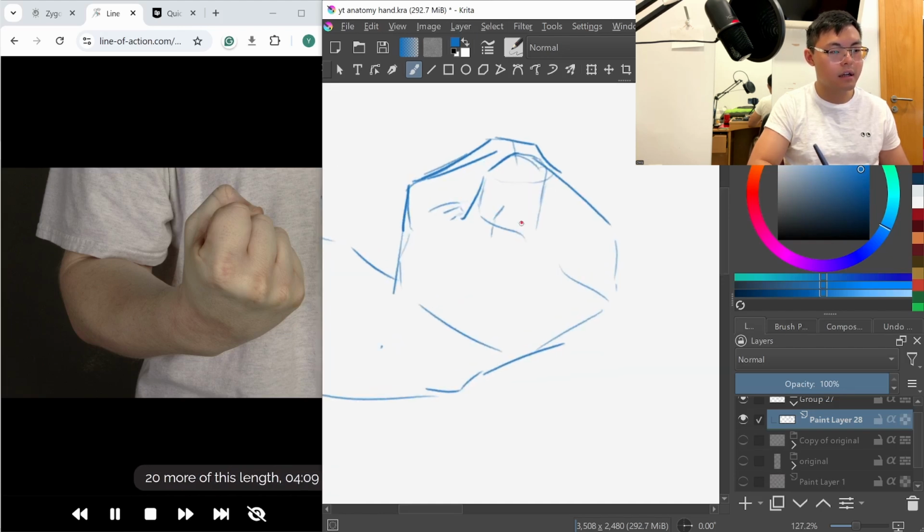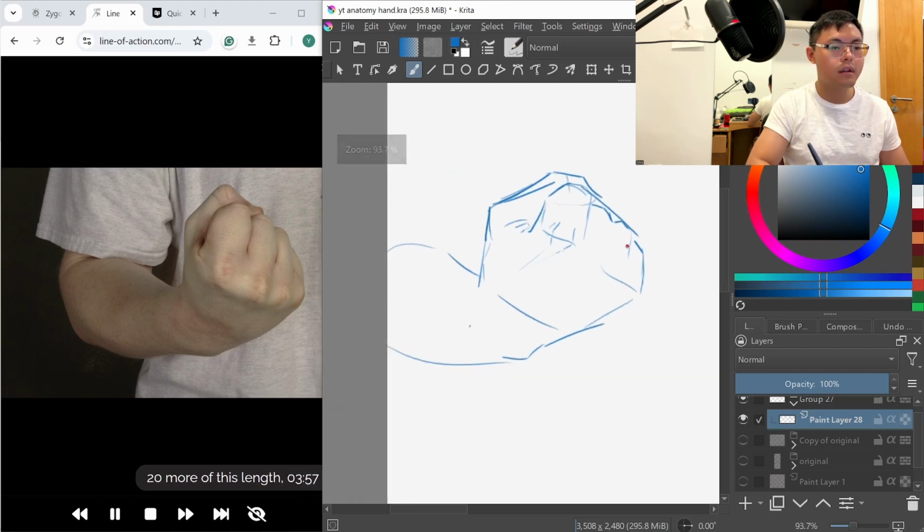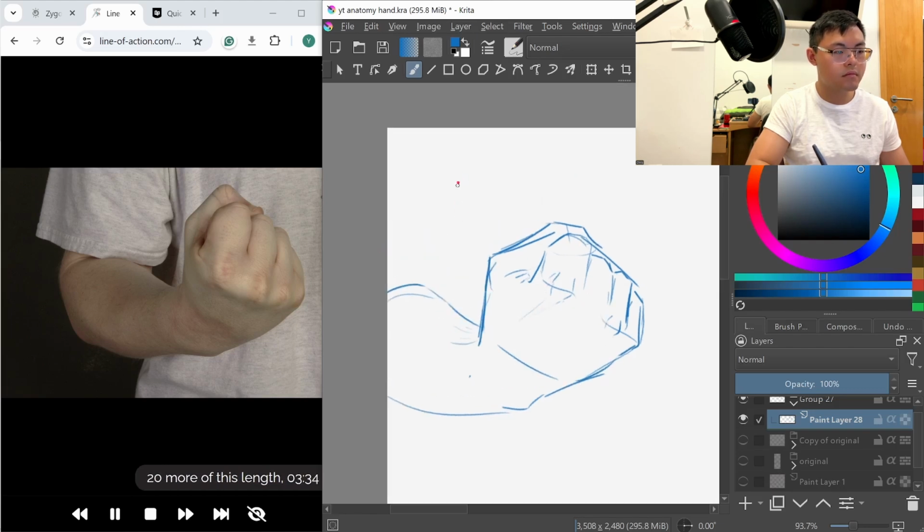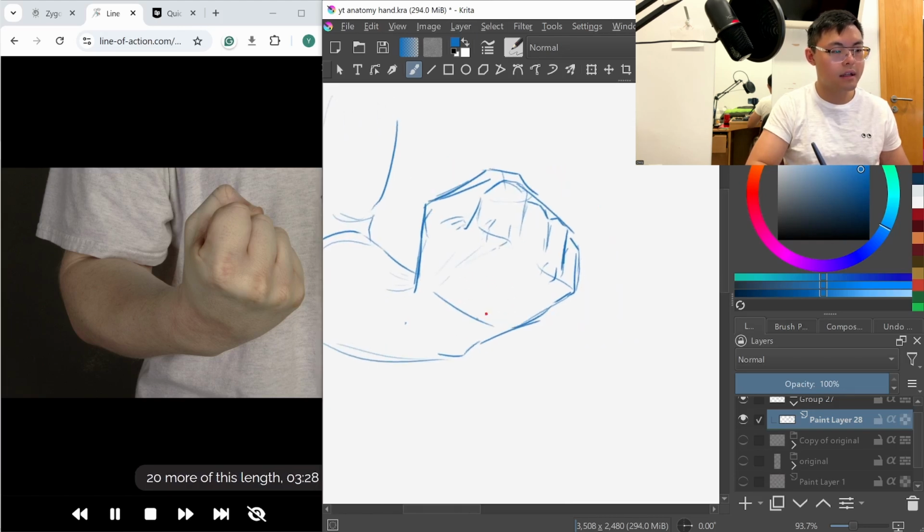And then that's knuckle, right? Knuckle, you could see this. And then like that. Here, that's the hand muscles.